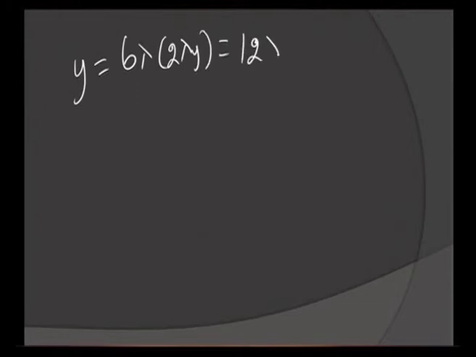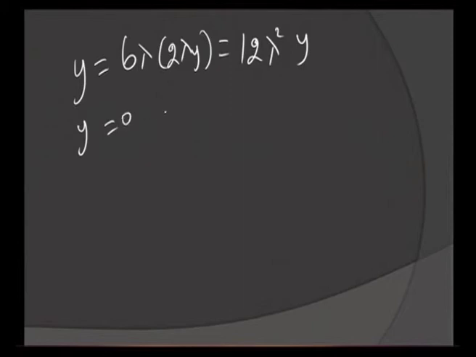Plugging the first equation into the second gives y is equal to 6 lambda into 2 lambda y, which is equal to 12 lambda square y. Here if y were 0, then x should be 0.